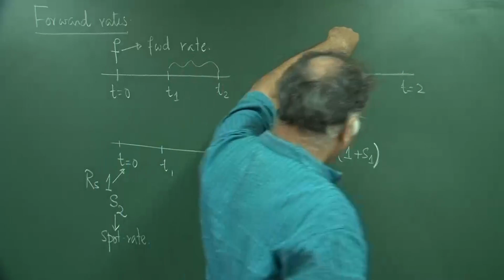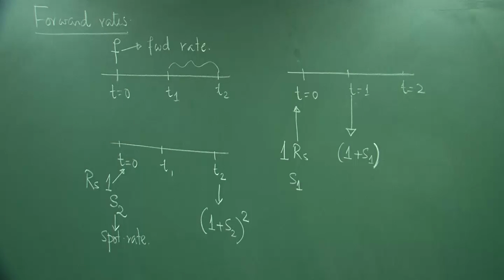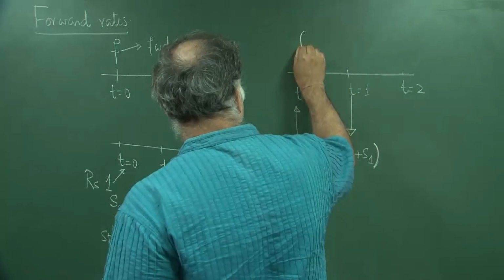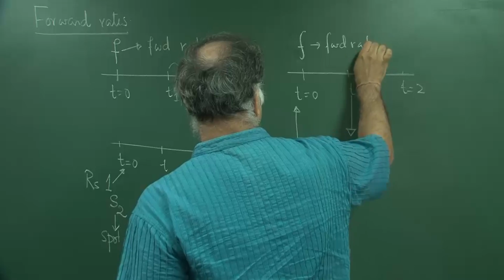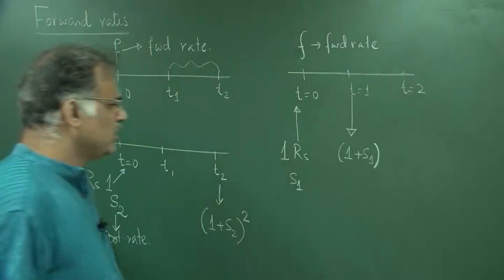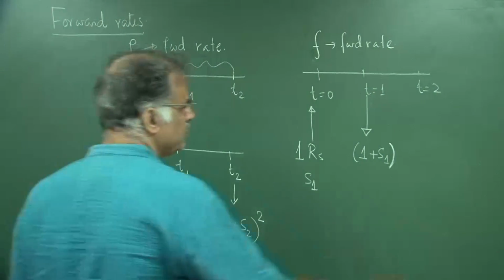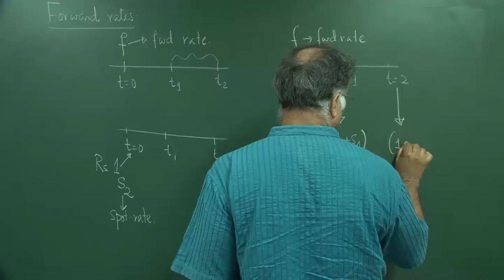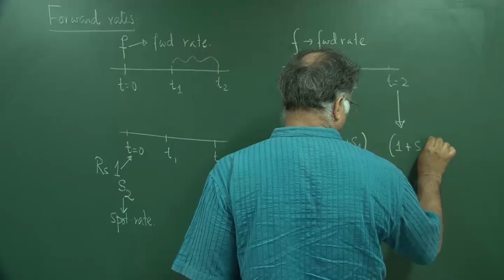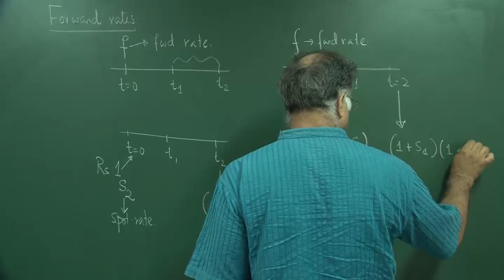At time t equal to 2, you give me back the money with the interest rate, but that interest rate is the forward rate that we decide upon. So at time t equal to t2, the money that you will get is (1 plus S1) into (1 plus F).